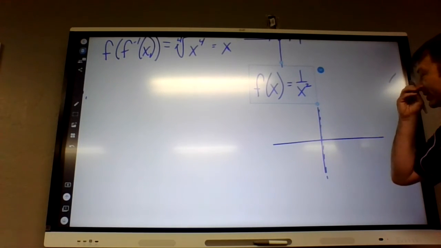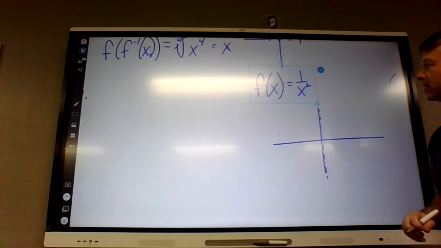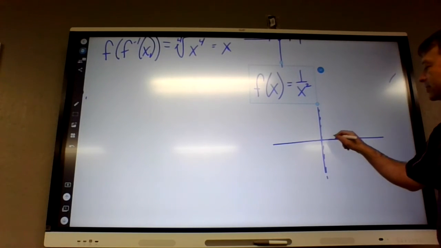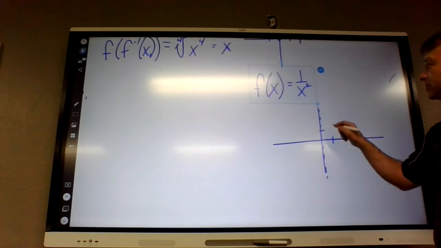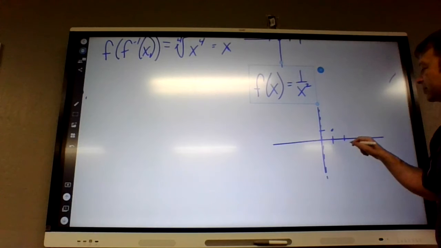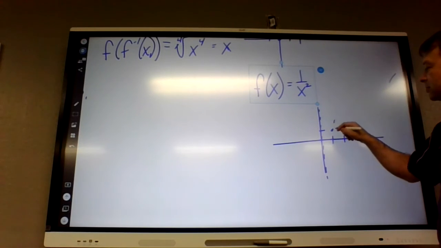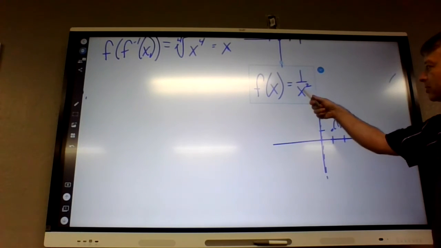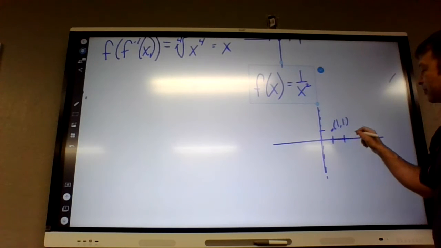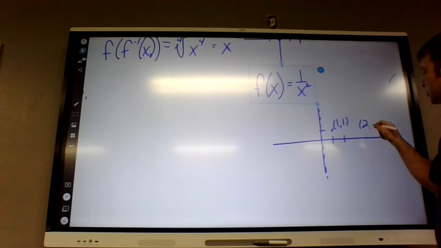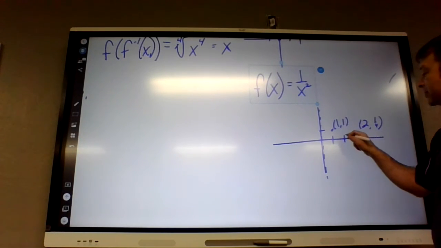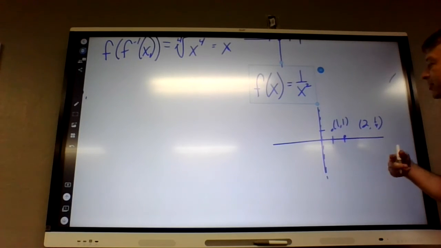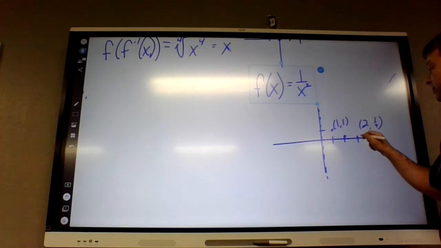But what if I plug in, let's say 1, I guess. What if I plug in 2? I get 1 over 2 squared is 1/4. So at 2, it's already down to a 4th. If I plug in 3, it's down to a 9th.